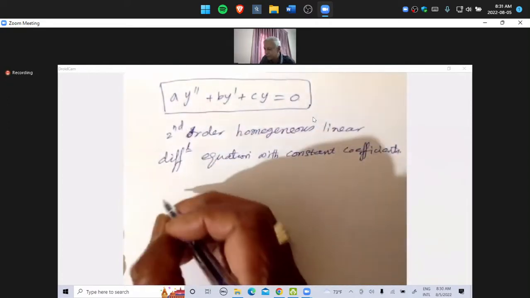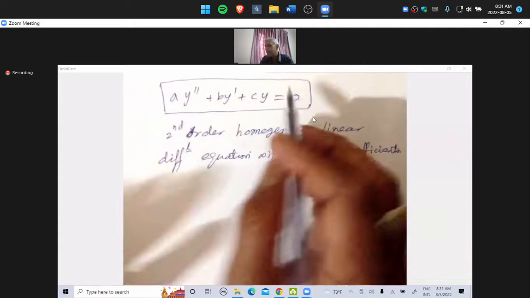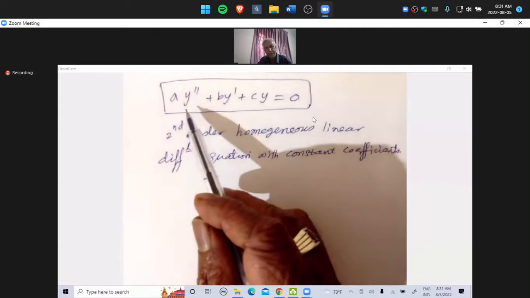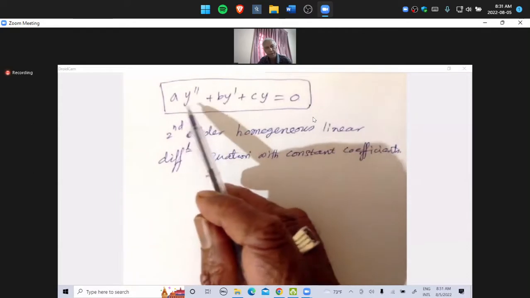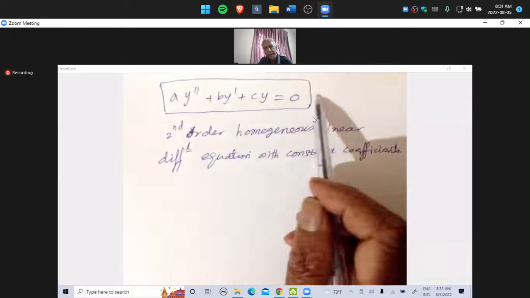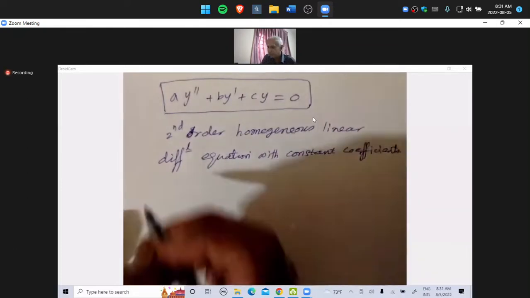How do you solve it? I want to find solutions of this equation. So how do you find solutions of a differential equation? It is a function of x that we substitute for y, which makes this equation satisfied. So we said try.